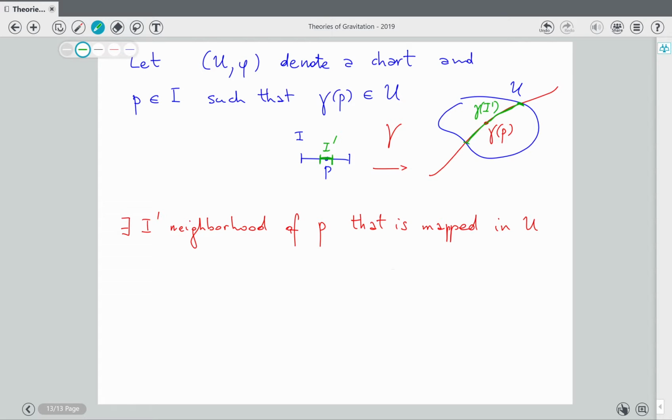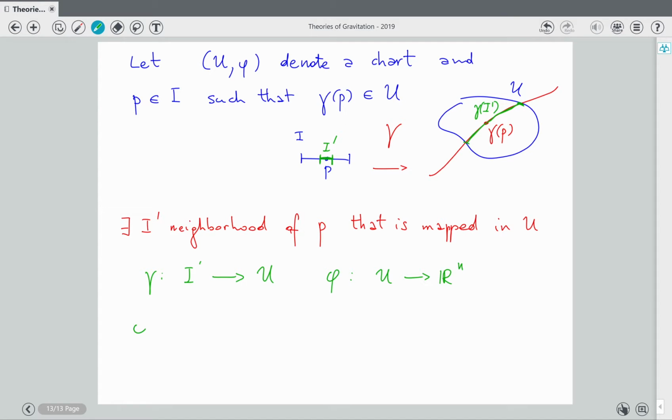So what we can say about this, that we can restrict our curve to I prime. I use the same symbol gamma for the restriction because I don't want to burden the notation. So gamma now can be seen as a curve which maps I prime into U. And of course we have phi, which was part of the definition of chart, and that is a diffeomorphism from U to Rn.